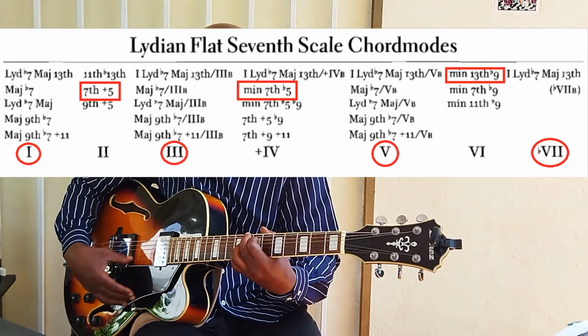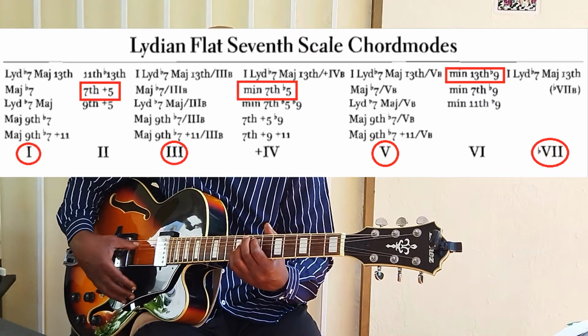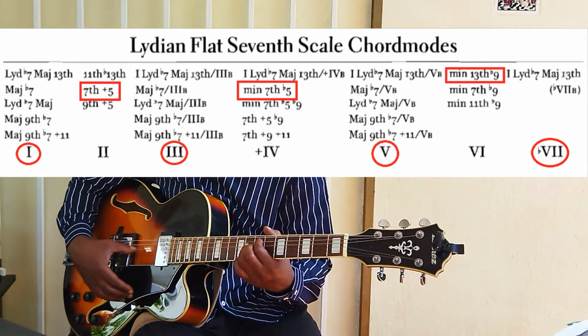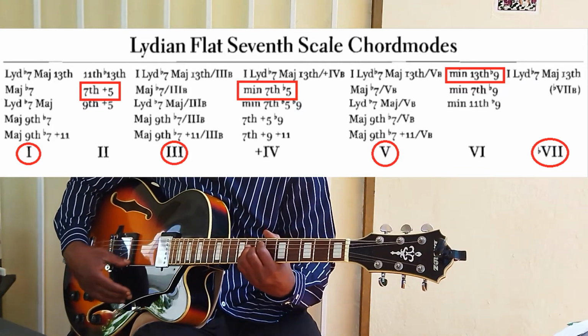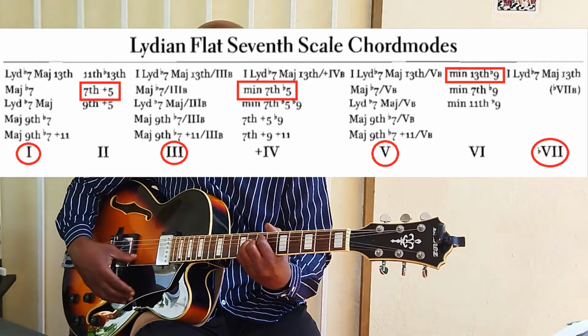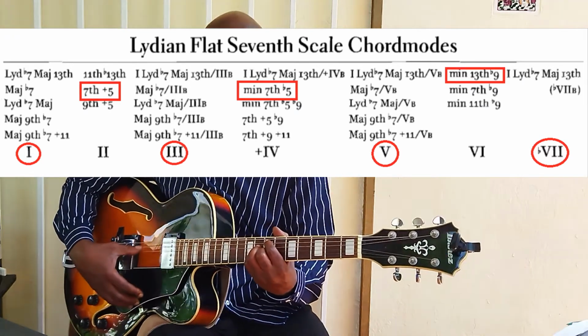See, you have E at the bass, and we're playing the same chords as C, right? Or we can put a sharp 11, and then we say, hey, wait a minute, this is a minor 7 flat 5. Oh yes, it is.